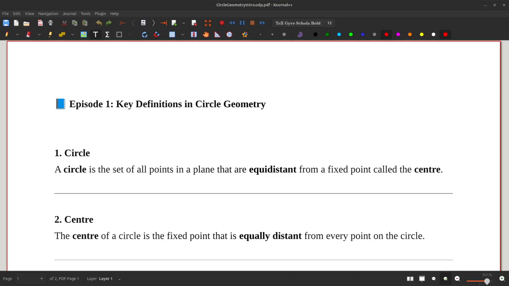That's the center there. This is the center of a cyclic. It's the fixed point that is equally distant from every point on the cyclic. So that is your center.